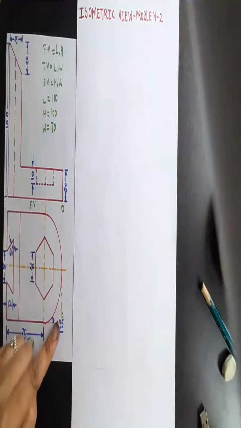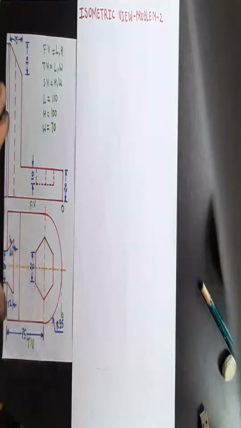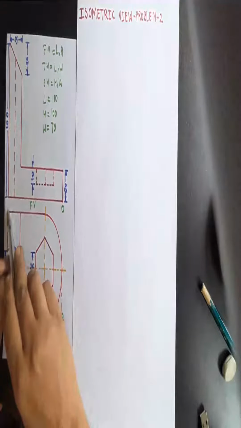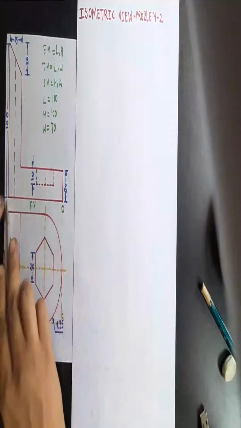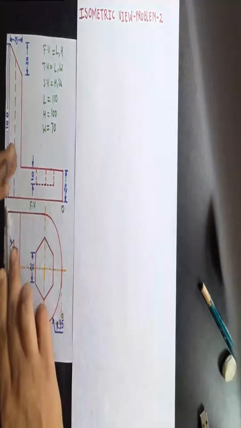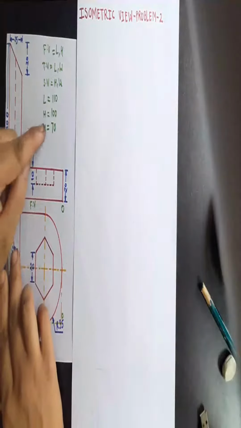Where is the origin? Location of origin in this problem is given, but if it is not given, how to find it? Possibilities are that the location can be at this location, here, can be the location of origin, or it can be on this side. If let's say we take the origin on this side, you are supposed to see the object from this side.